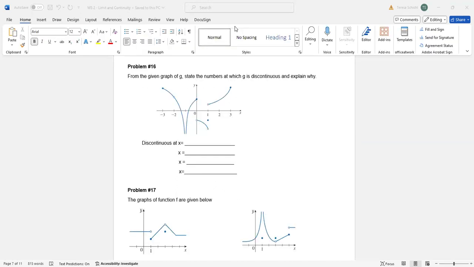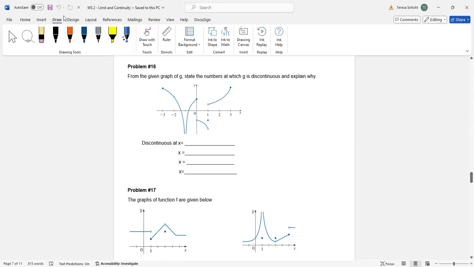Okay, so let's continue our worksheets and take a look at problem 16 here. This is just to show you the graph and let's identify where the discontinuity is. So obviously this one is discontinuous. We can visualize that.